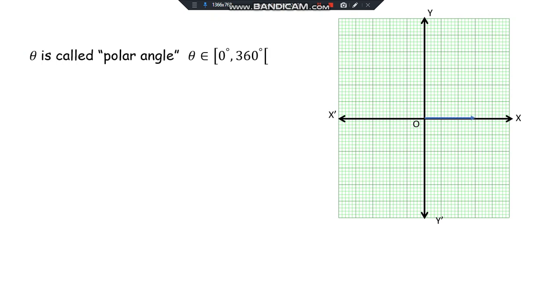So theta may be drawn in the first quadrant, or on the y-axis, or in the second, third, or fourth quadrant. So theta has many values belonging to 0 closed and 360 open.